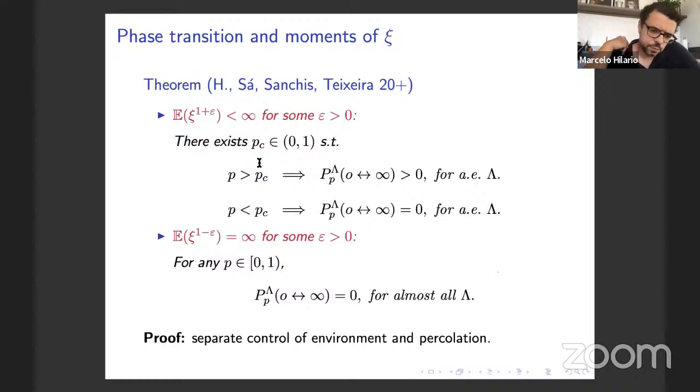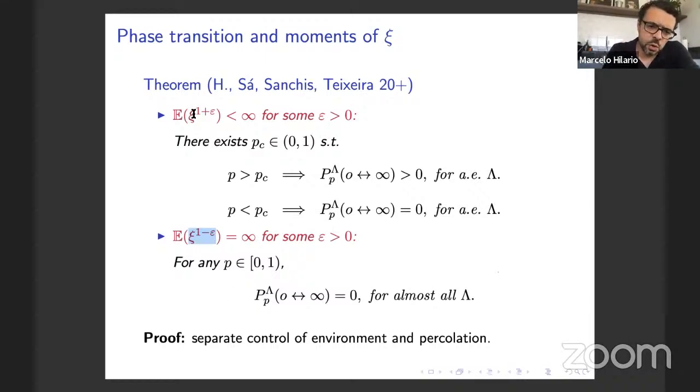What's interesting is that if you stretch too much, then you completely destroy the phase transition, in the sense that it doesn't matter how large you make P in the interval 0, 1, you are certain that percolation is not going to take place. This can be improved toward the first moment. If the first moment is infinite, then we know how to show that percolation doesn't occur.